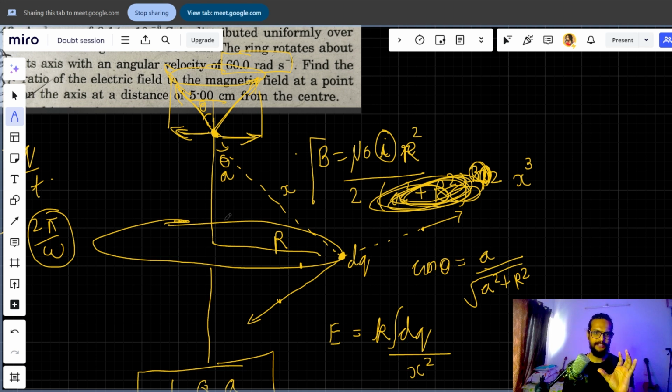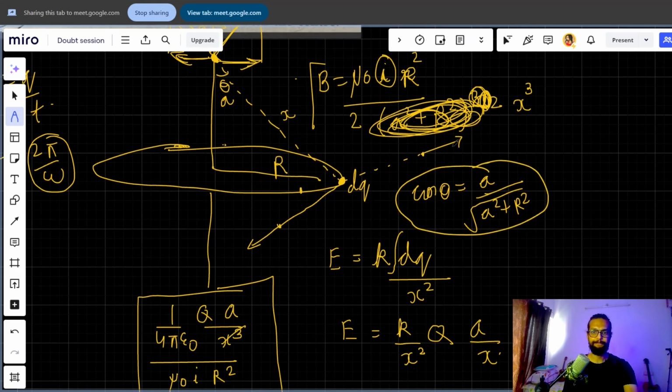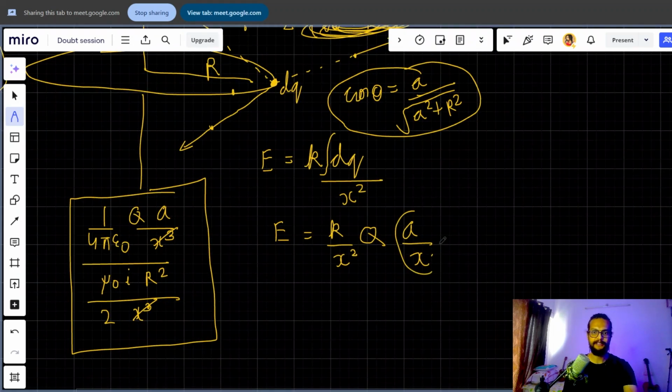And vice versa. For each of the charges, the horizontal components will get cancelled and only the vertical components will get added up. That's what we did. We just kept adding the vertical components. How did we do that? We took the component cos theta, right? We multiplied the cos theta here. See this? Clear?